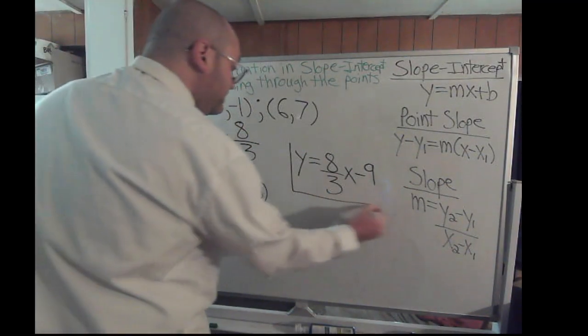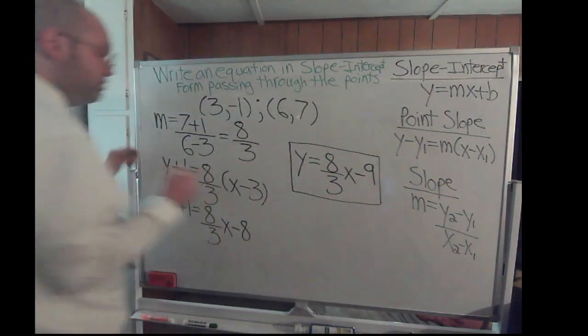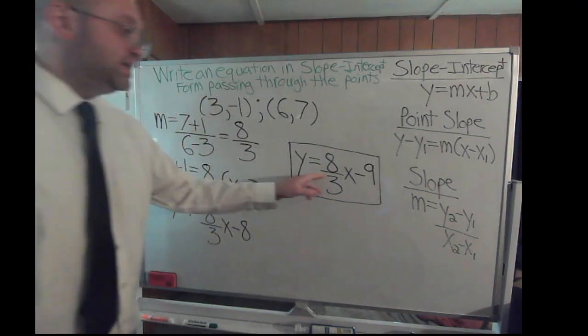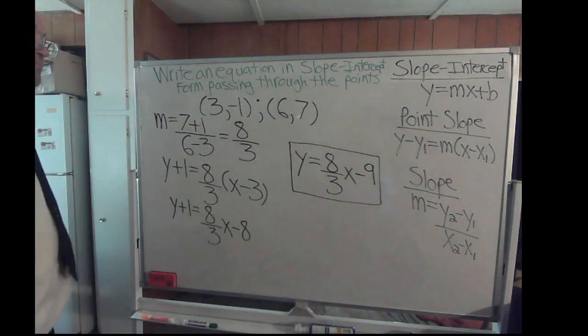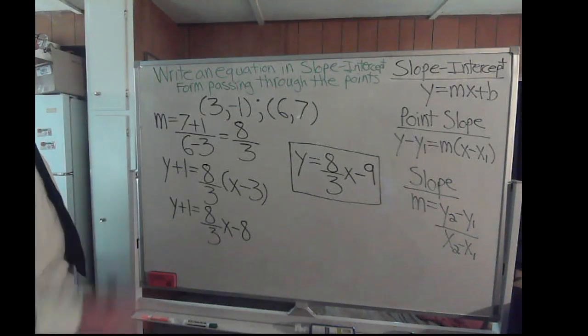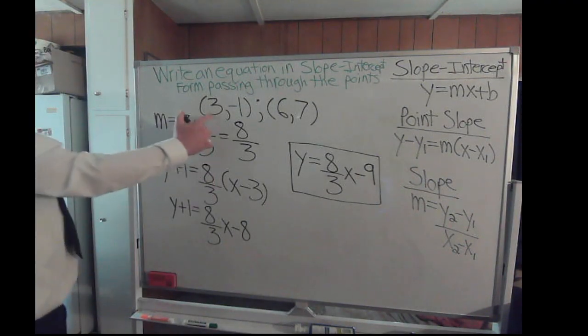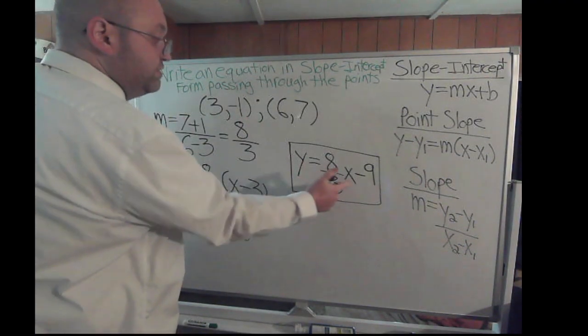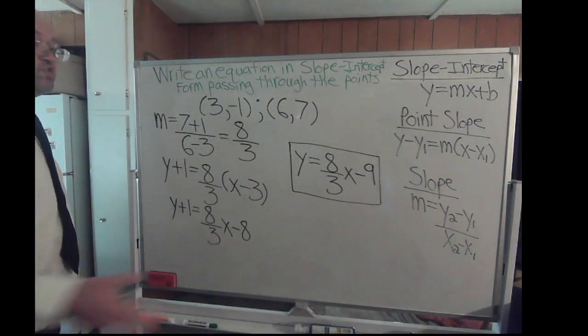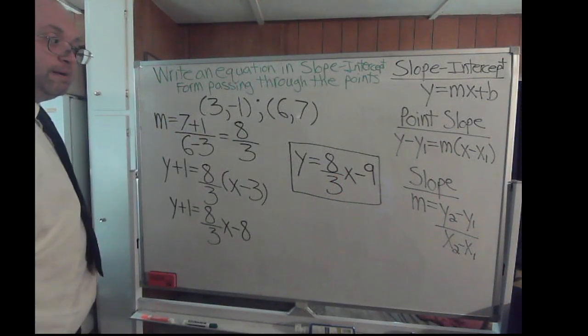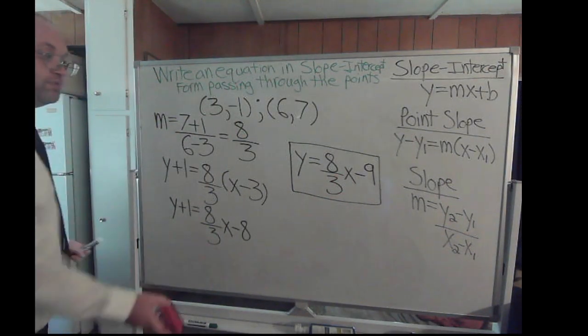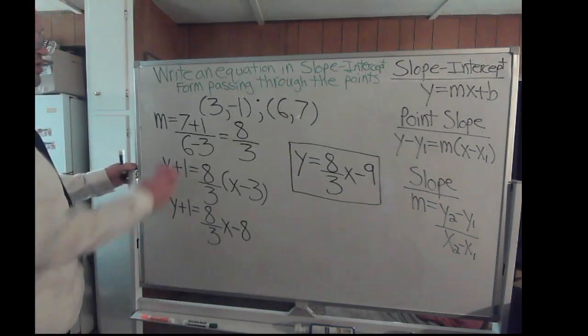So the slope-intercept form of this equation would be y equals 8/3 x minus 9. And if you would like to make sure you're getting these right, you can stick either one of these points into your slope-intercept form of the equation. You should get the points back out. That's how you check your math to make sure you got the equation right if you're unsure.